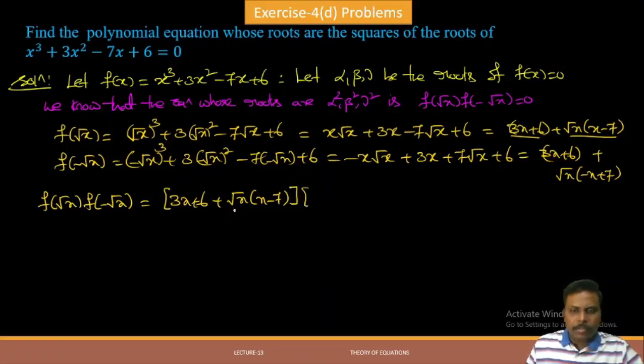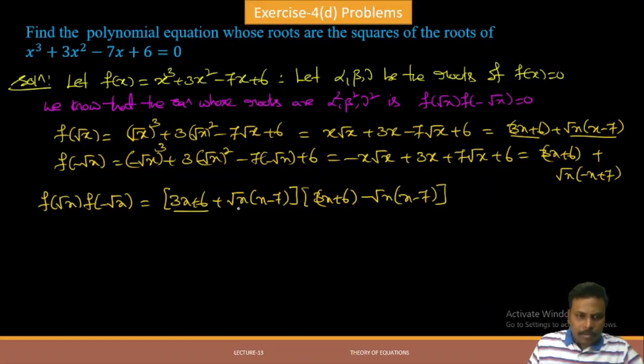Let us write f of minus root x. So this is 3x plus 6 plus, now I take common, minus root x into x minus 7. So this is of the form a plus b into a minus b, that is equal to, taking this as a and this as b, a square minus b square.